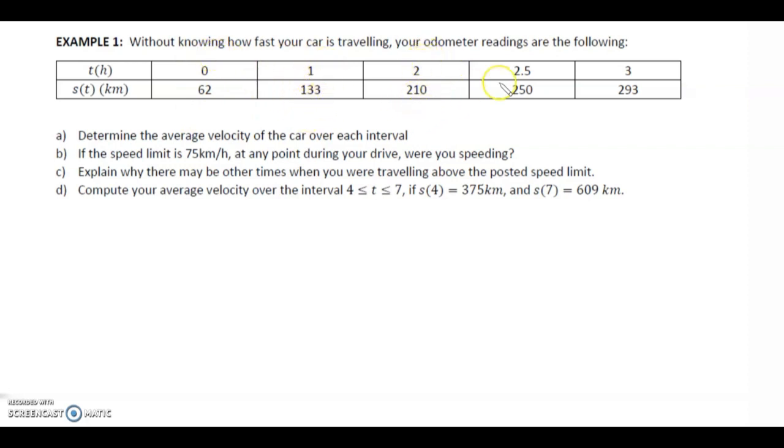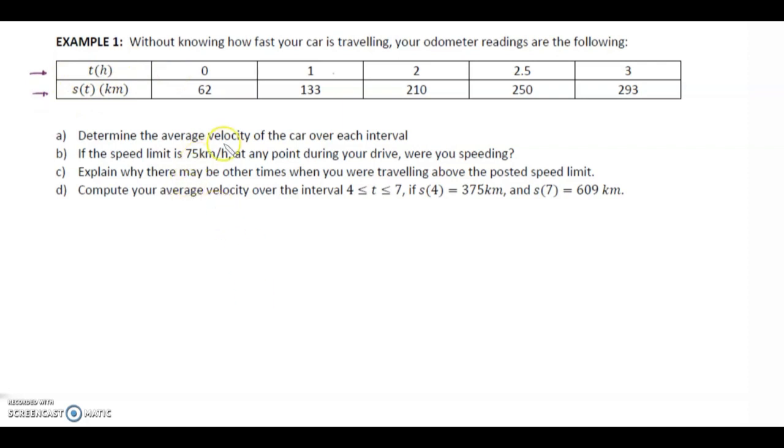At 2 hours, 210, 2.5, 3. You can see that this independent variable here is not going up by the same amount. It's going up by 1, 1, a half. And that's okay. This is the time in hours, t in h, and this is the displacement, s(t).